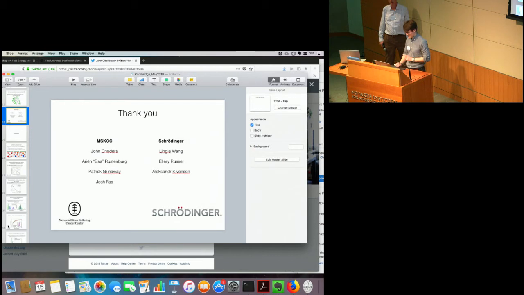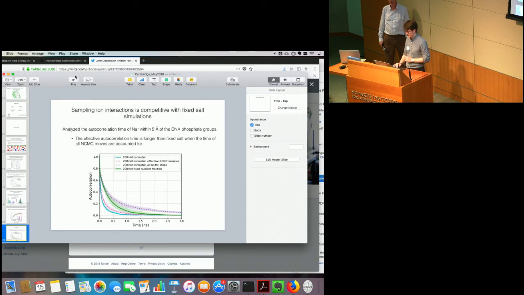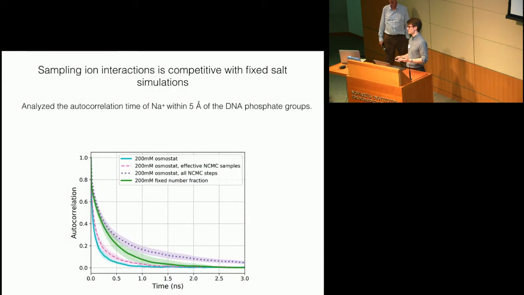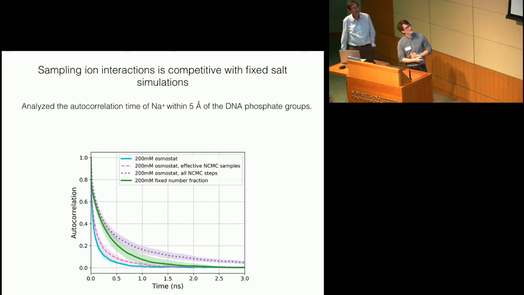The second answer is specifically looking at the autocorrelation time of interactions around a biomolecule. This is looking at different autocorrelation times for the DNA dodecamer. There are a lot of different lines here, but the green line is the autocorrelation time for a fixed salt simulation.